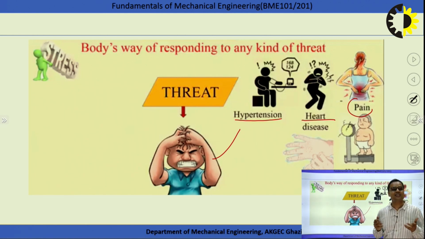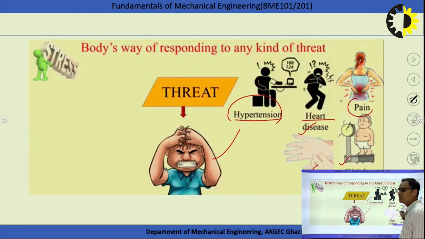The only visualized thing is the consequences of that stress, that is called response. Another response is called strain, which can be visualized and measured. So these are the consequences of the threat: hypertension, heart disease, skin problem and weight problem. And these consequences can be observed by anyone and can be measured.